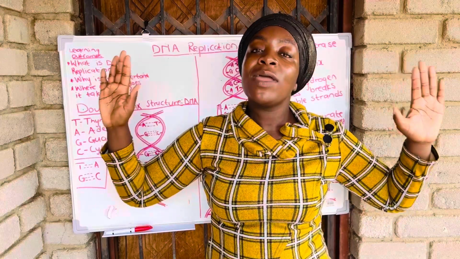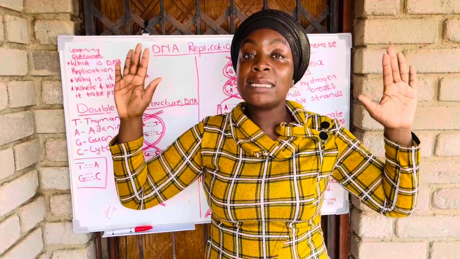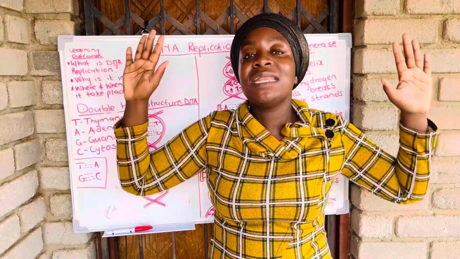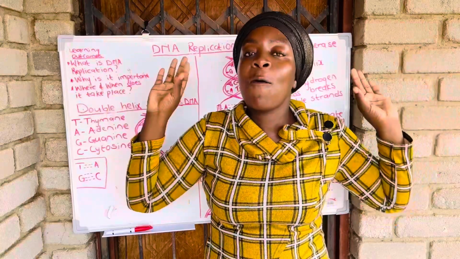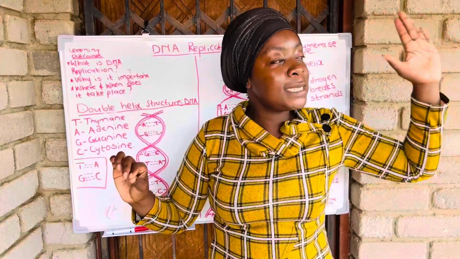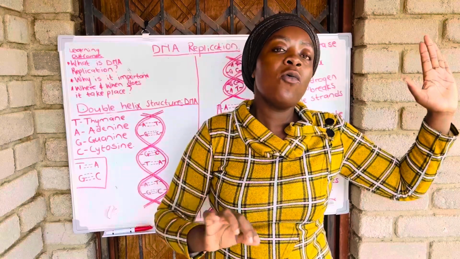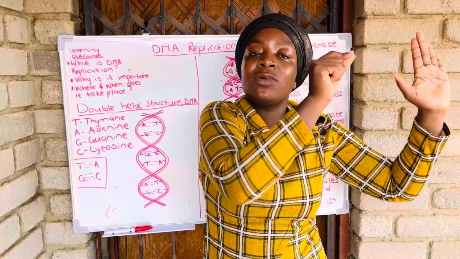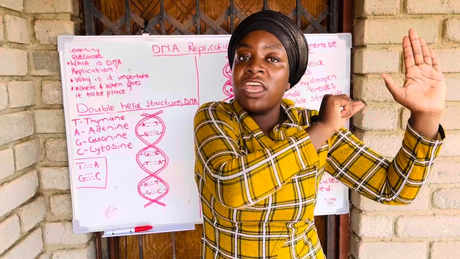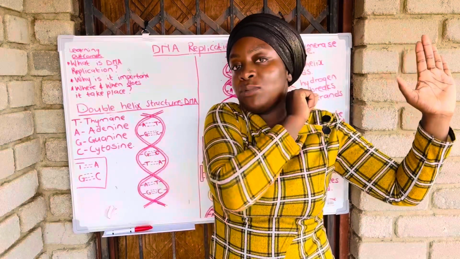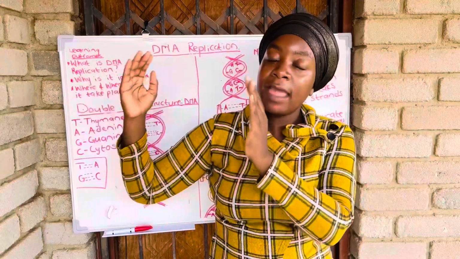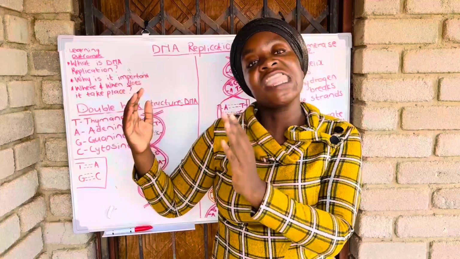When they unzip, we are going to end up with two separate strands. When we have two separate strands, these two strands need to act as a template, or a guide, for the formation of new strands. If we have TGC, we are going to end up with adenine that pairs with T. The new strand should also have C that pairs with G, and then we're going to have G that pairs up with C. So that is the formation of the new strands. And then the same thing is going to happen on the other strand.